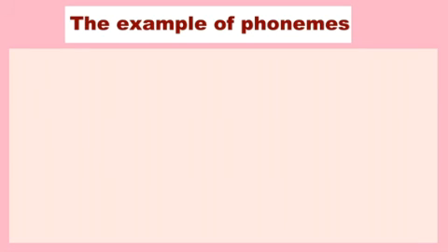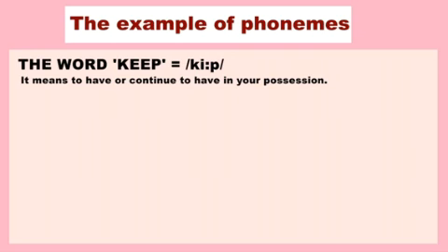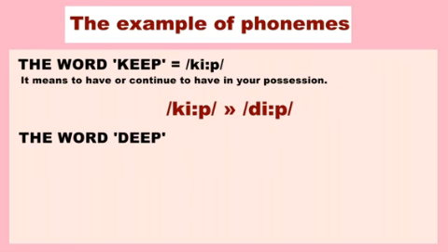Here is the example of phonemes. The word keep contains 3 phonemes. They are k, i, and p. The word keep has a meaning which is to have or continue to have in your possession. When we change the k phoneme to the d phoneme, it would make the word change from keep into deep, and it is carrying a different meaning.